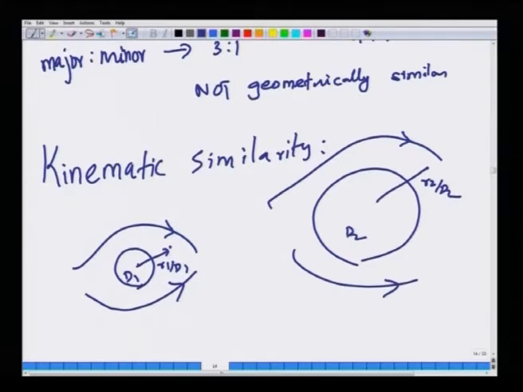At such points, kinematic similarity happens when the ratio of the velocities v1 by v2 is a constant. And if you look at some other point, the ratio of the velocities must be the same constant. So, two flows are kinematically similar if the velocities at corresponding geometrically similar points are always related by a constant scale factor.